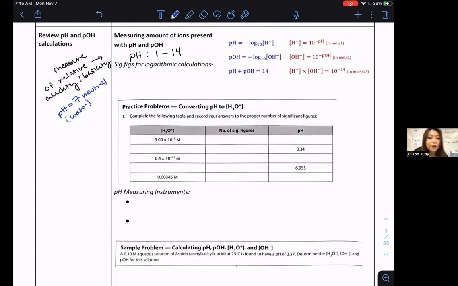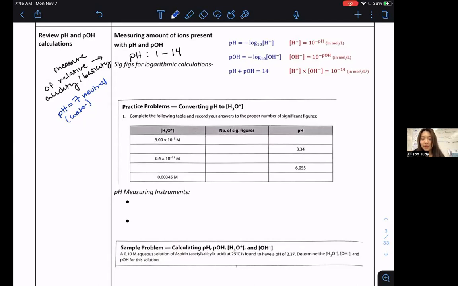Quick note about the logarithmic calculations for the acid, base, pOH, and pH scale: regarding the calculations for sig figs, we say that the number of decimals is the counter of the sig figs, not the actual number in front.